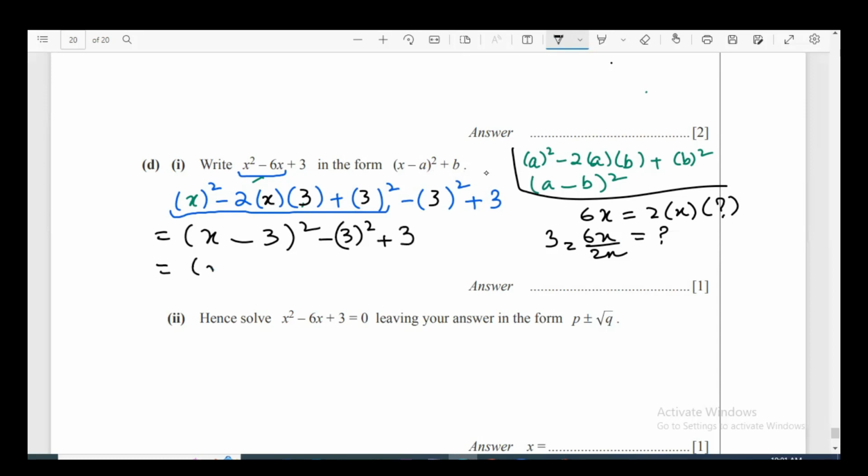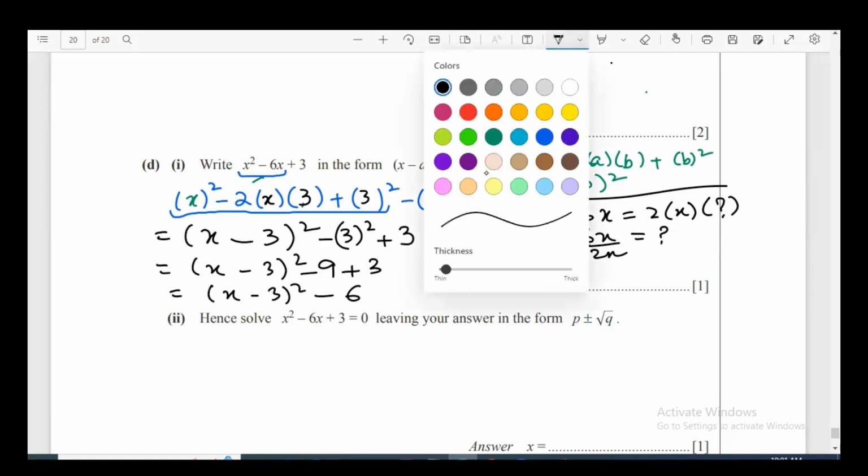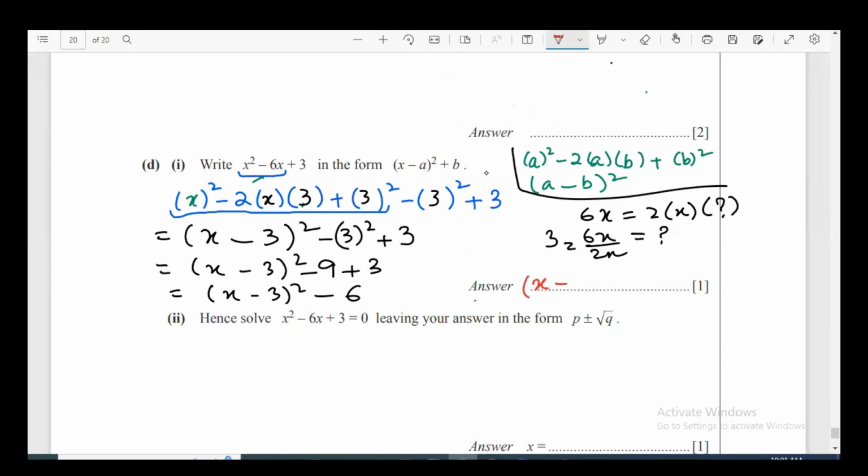So x minus 3 whole square minus 9 plus 3 will be x minus 3 whole square minus 6. Final answer is x minus 3 whole square minus 6 for this part 1.